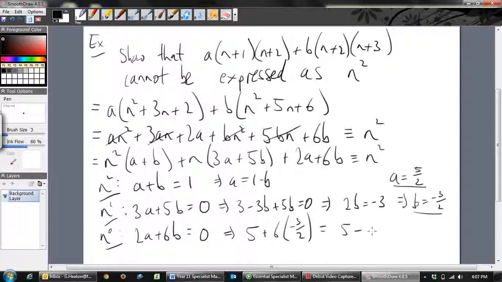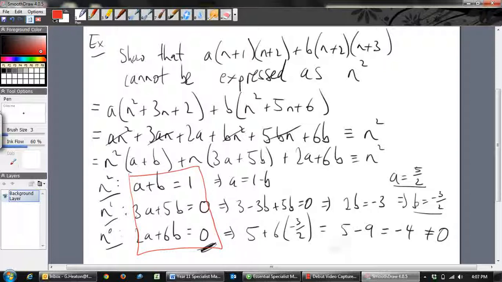So you've got 5 minus 9, which is negative 4, which you can see is not equal to 0. This should be equal to 0 for all 3 equations to hold, but this shows you that there's no a and b for which all of these 3 equations here hold.